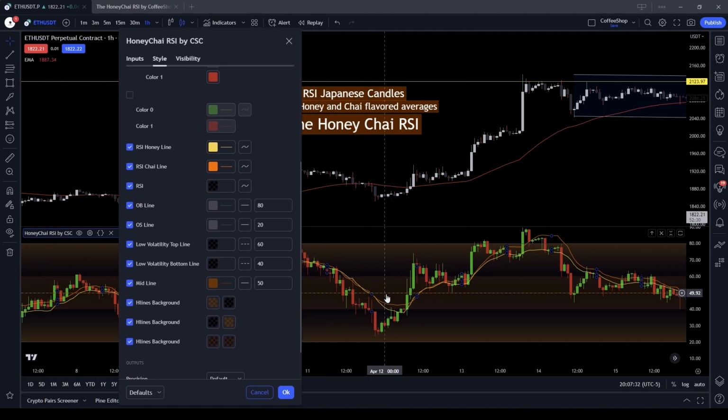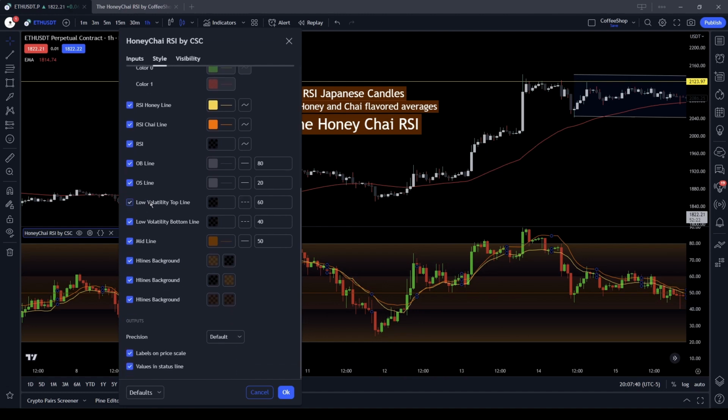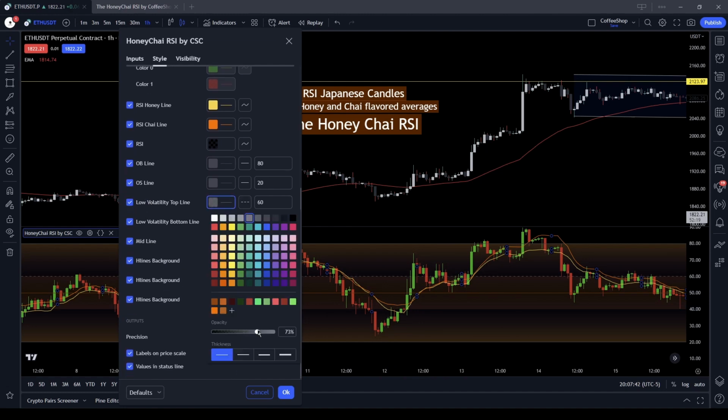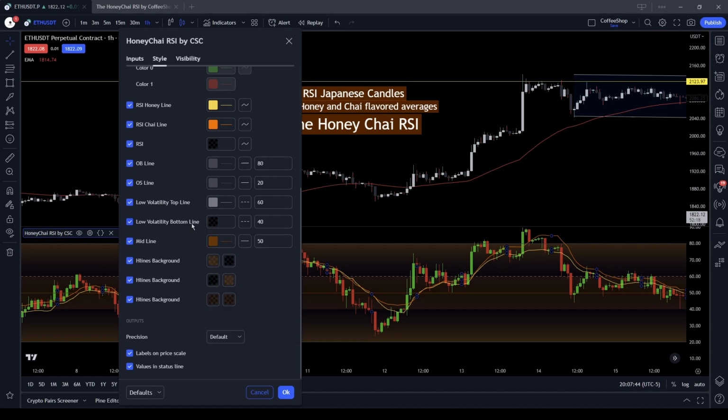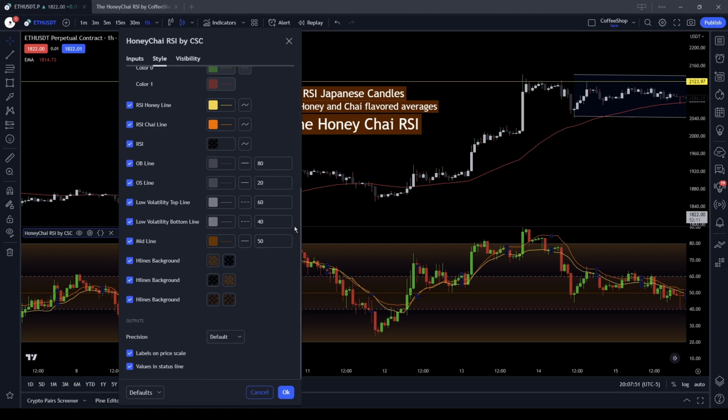You've got this little area in the center, which looks different, right? This is your range-bound area. This is the low volatility top line. Let me just kind of turn this on here. And the low volatility bottom line. This is literally the 60-40 area of the RSI. When opens and closes of your candles are in this area at the same time as your moving averages, okay?